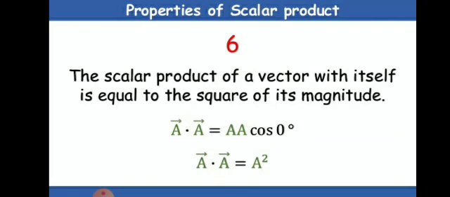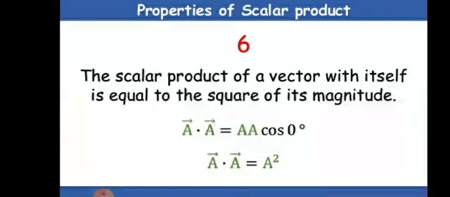If we have the same vector, vector A dot vector A, then you will get the square of its magnitude, that is A into A cos 0. The cos 0 value is 1, therefore you will get A into A, which is A square. So the scalar product of a vector with itself is equal to the square of its magnitude.